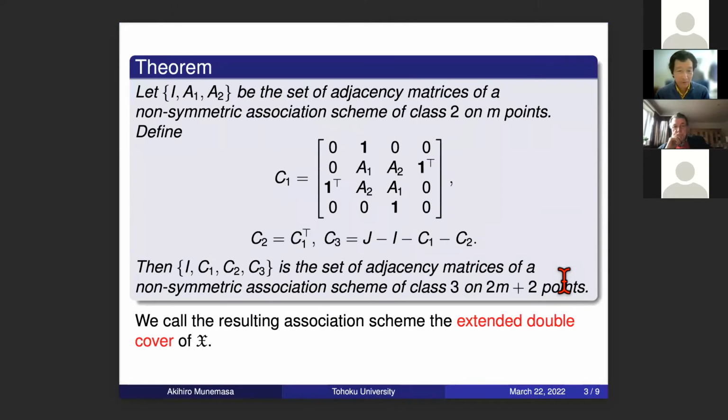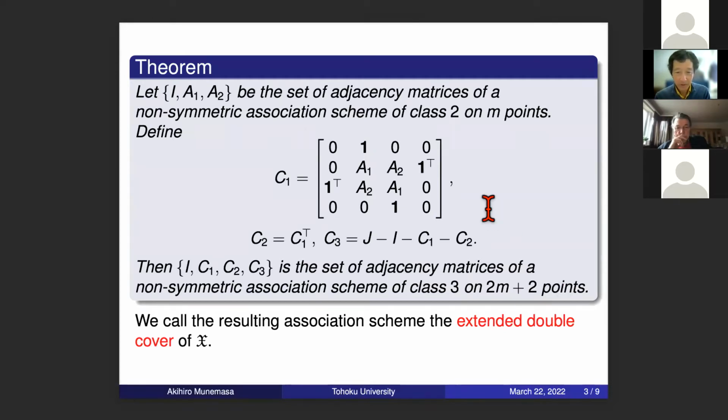So already I present our main theorem. Let I, A1, A2 be the set of adjacency matrices of a non-symmetric association scheme of class 2 on m points.